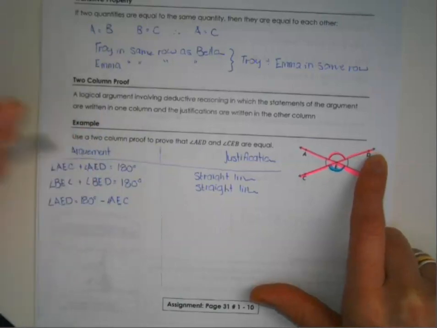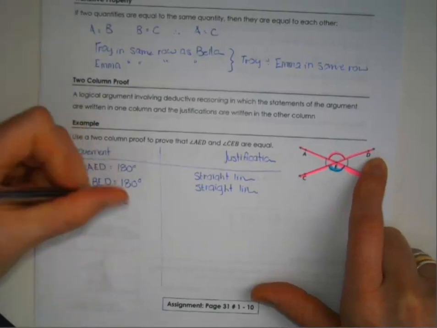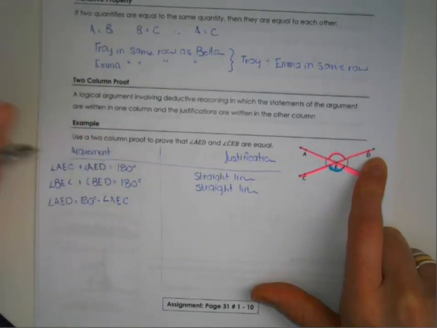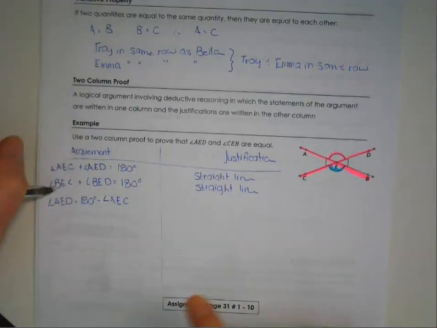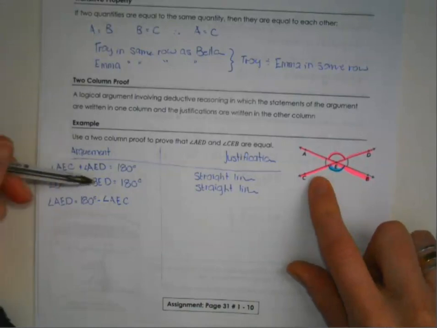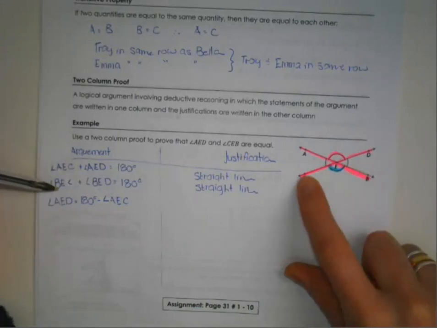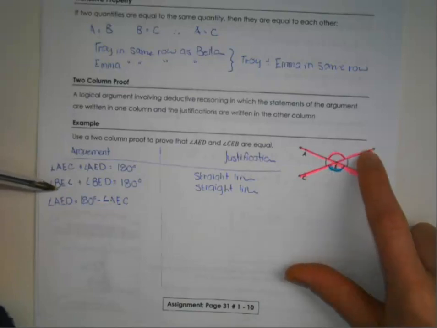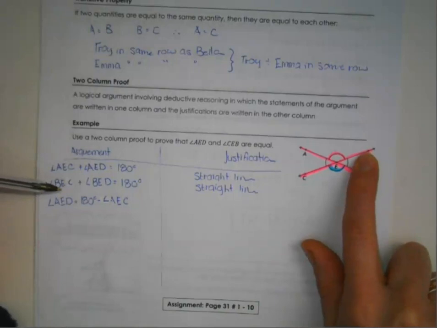Oh, and I forgot to put in the angle again. Angle AEC. Okay. BEC minus BED.